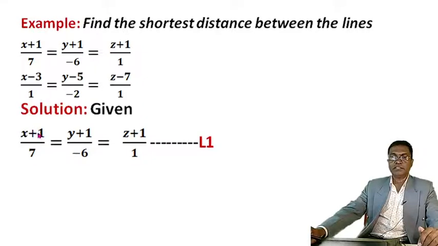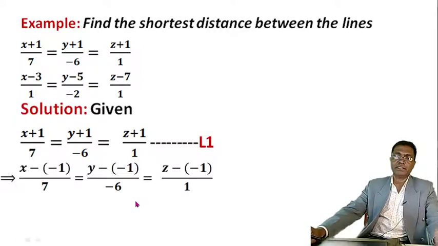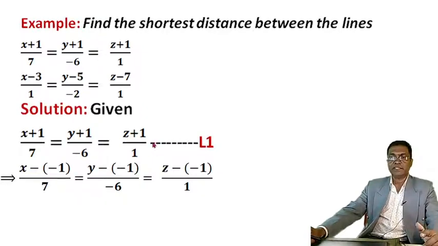What is x1? One can write it directly. So x1 is minus 1 here. Otherwise I can show you. This can be expressed as x minus of minus 1, y plus 1 can be written as y minus of minus 1, and z plus 1 can be written as z minus of minus 1.